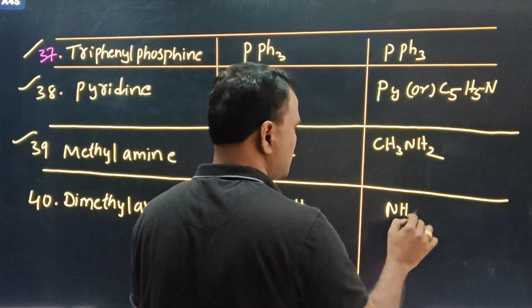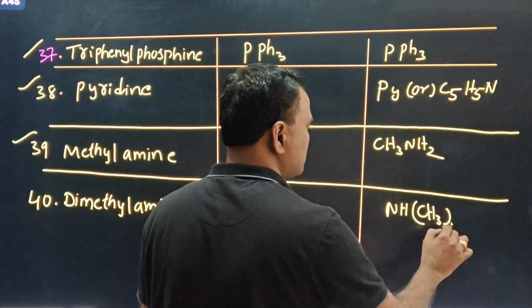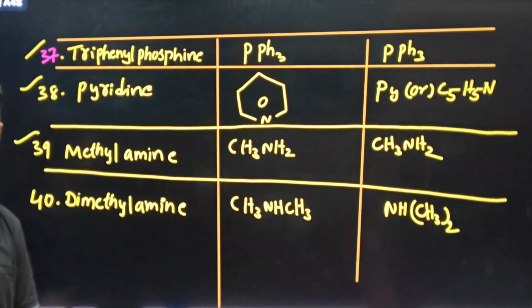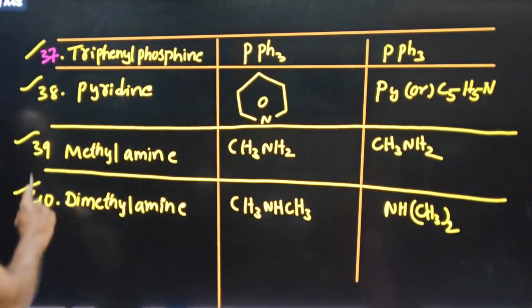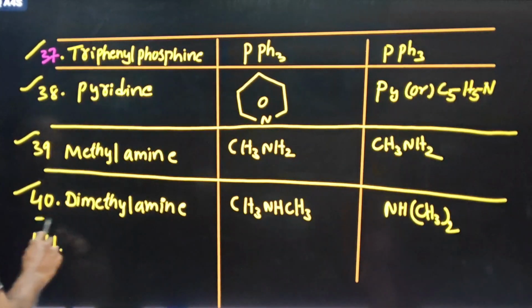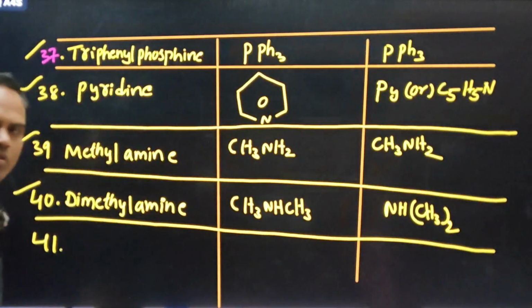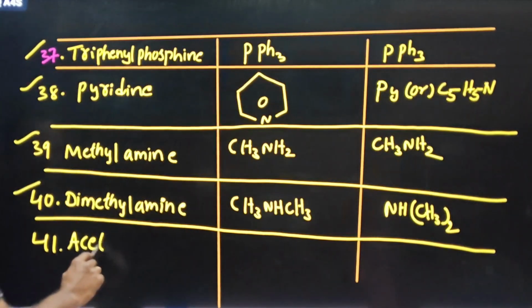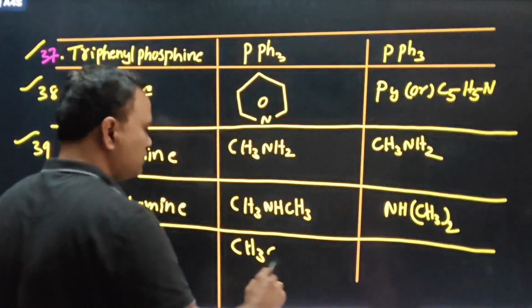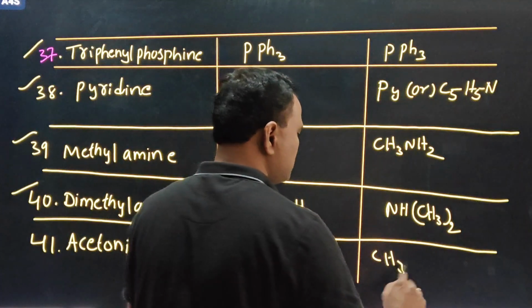NH with CH3 taken twice. Dimethylamine. Learn this also. Acetonitrile, CH3CN.